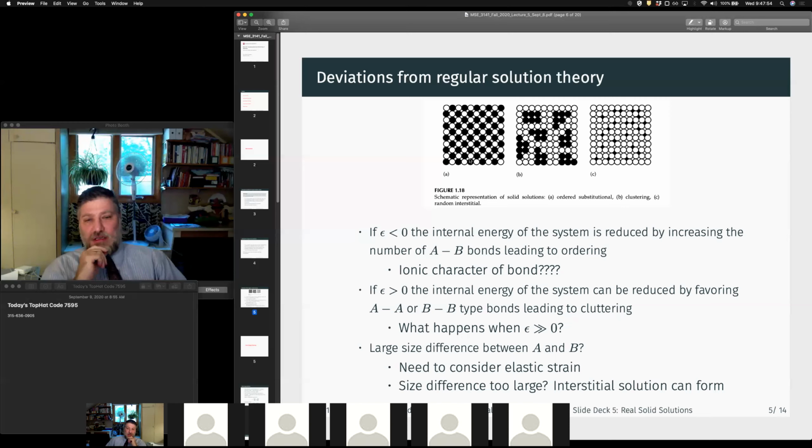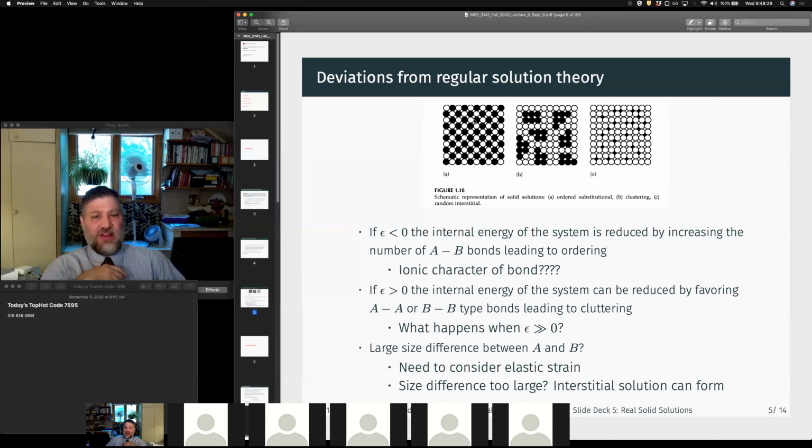This implies that there's some electronegativity difference between A and B. So on the continuum, if a perfectly random metal alloy is completely metallic bonding, as we increase the number of AB bonds and approach ordering, the ionic character of the bond begins to increase, and we move on the spectrum towards ceramics.